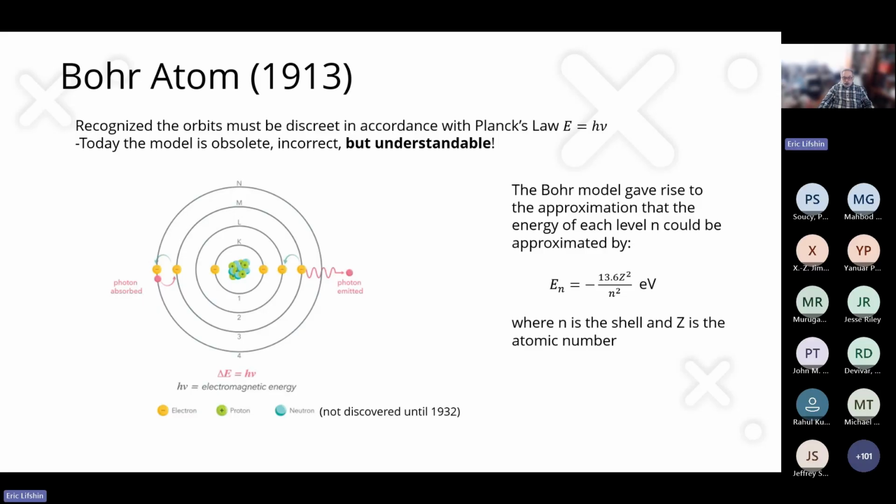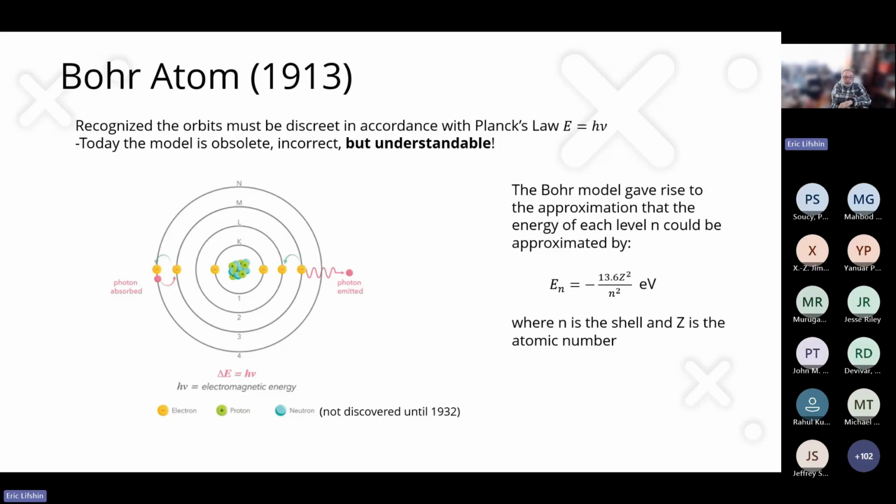This was a change from something proposed by J.J. Thomson, called the plum pudding model, in which it was thought that electrons were floating in a sea of positive charge. But now this is leading us to the idea of atoms and what we call the planetary model, which is well over 100 years ago.